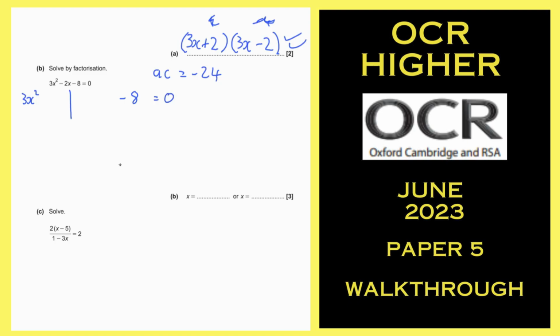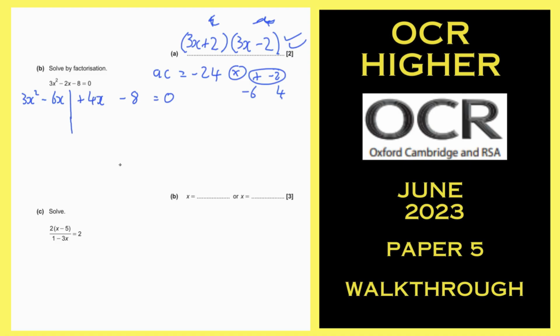We need to think of 2 numbers which multiply together to make negative 24, but add together to make negative 2. Rack your brains, eventually you'll realise it's minus 6 and it's 4, and you can put the minus 6x and plus 4x in any order you want.